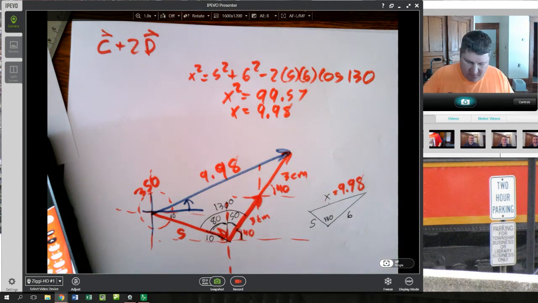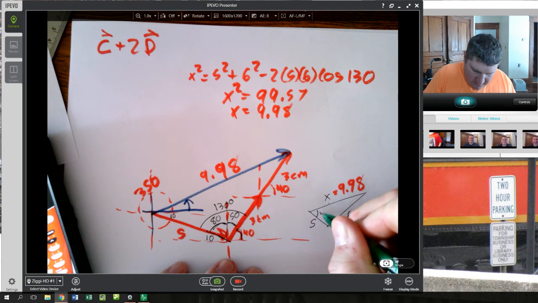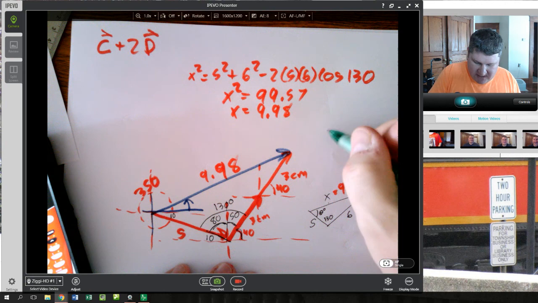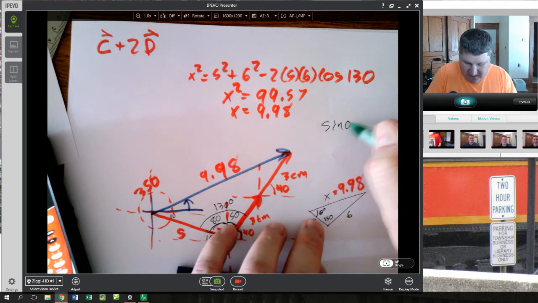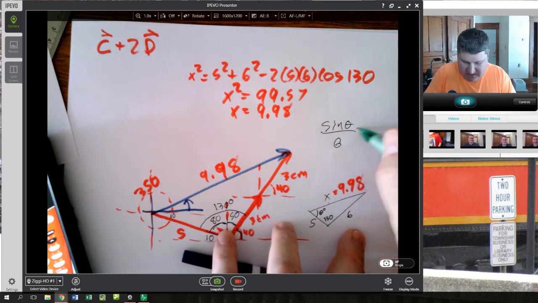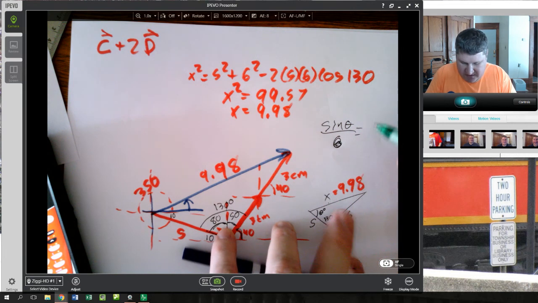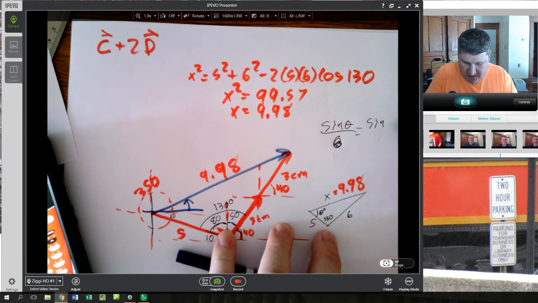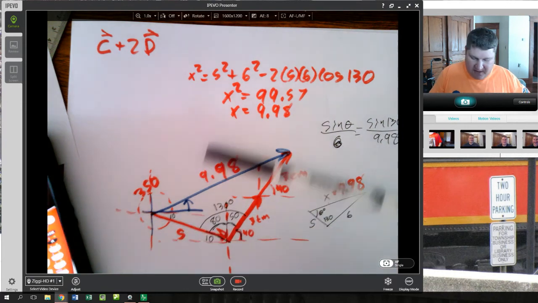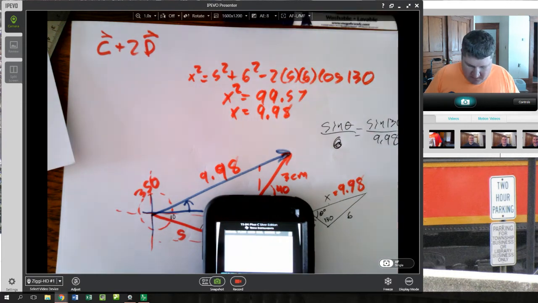And so if I knew this angle right up in here, and I say theta degrees, well, I can say sine of theta over 6 equals sine of 130 over 9.98, and I solve that little guy. 6 times sine 130, divided by 9.98.